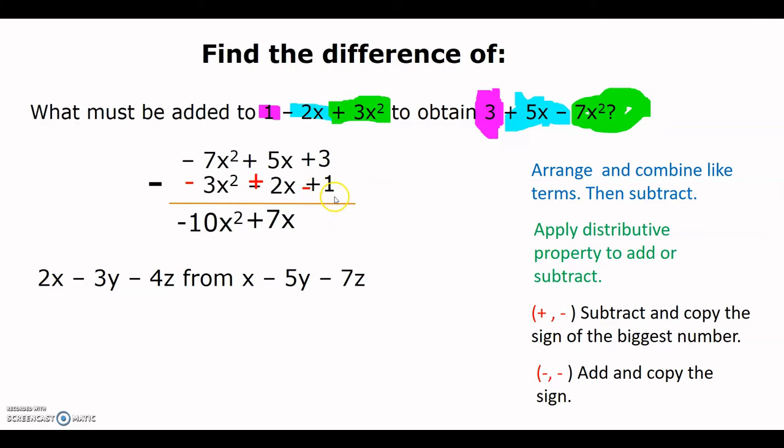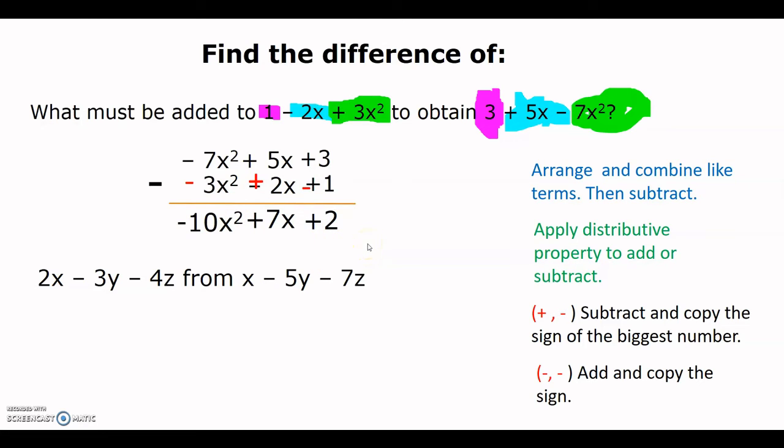So our positive 1 becomes negative 1. So 3 minus 1. We have positive 2 because for unlike signs, we subtract and copy the sign of the biggest number. Since positive 3 is bigger than negative 1, our answer here is positive 2. So this is our final answer: negative 10x squared plus 7x plus 2.